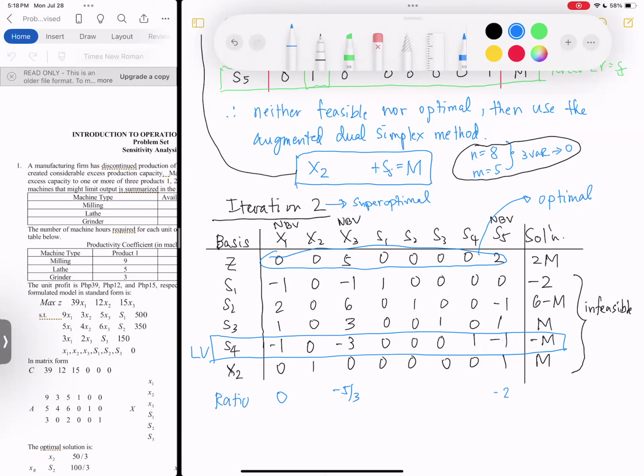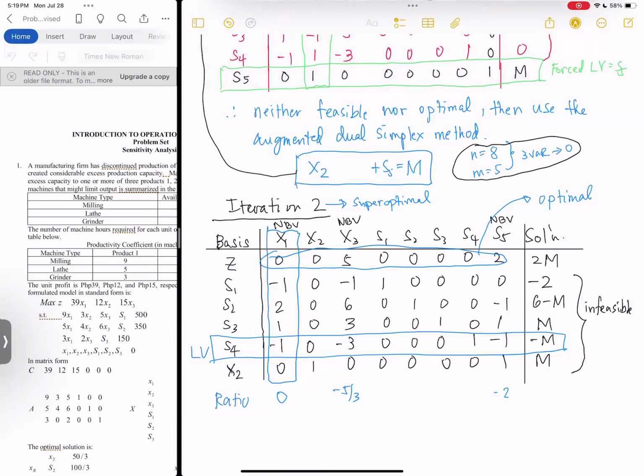So, what's the smallest absolute value of the ratios? Quickly, class, what's the smallest absolute value of the ratios? 0, sir. Okay, 0. So we have this. And S1 is therefore your entering variable.